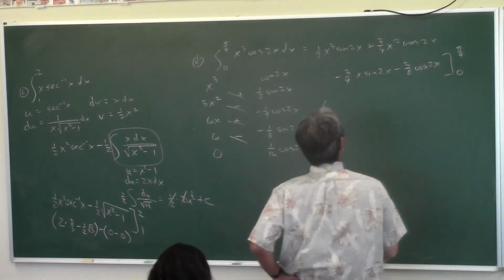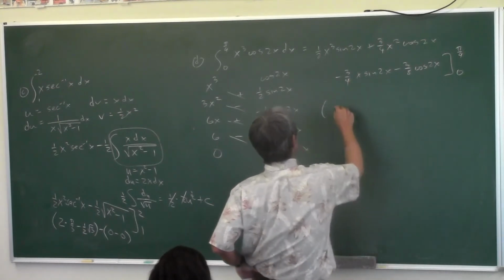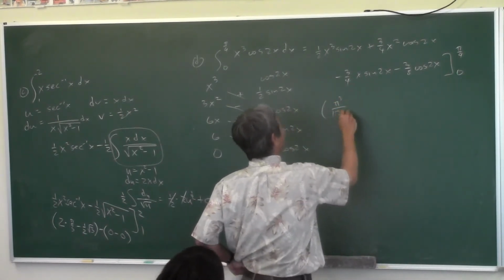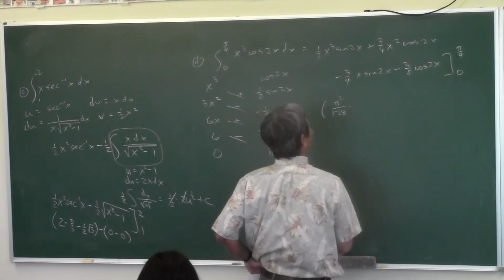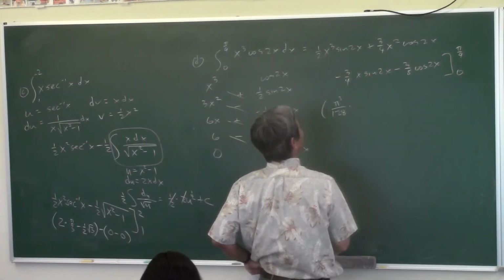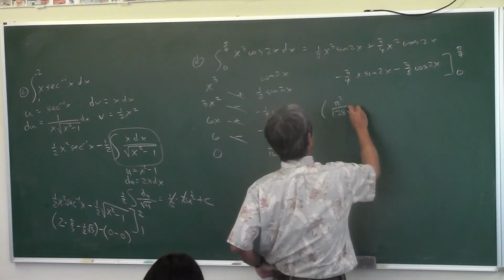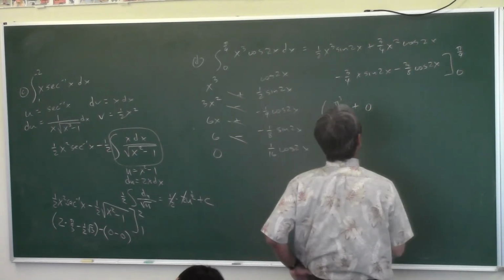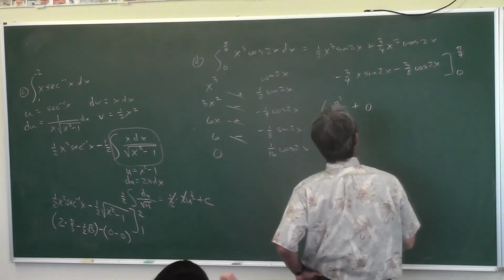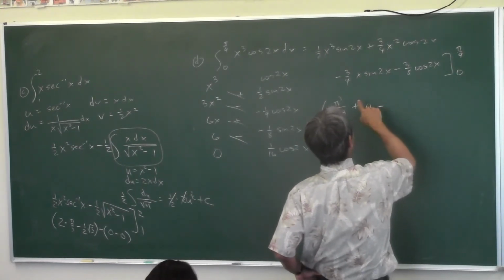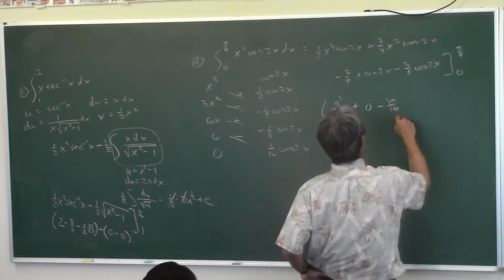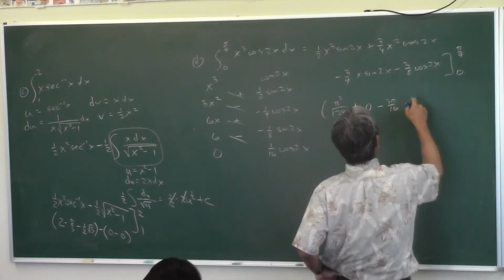So you get pi cubed over 128 times 1, plus 0, minus 3/4 times pi over 4, which is 3 pi over 16, times 1 minus 0.